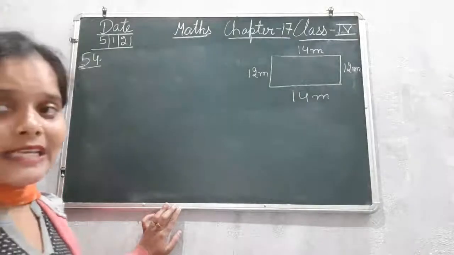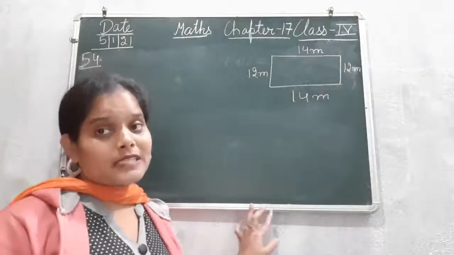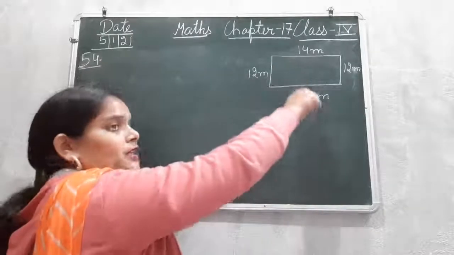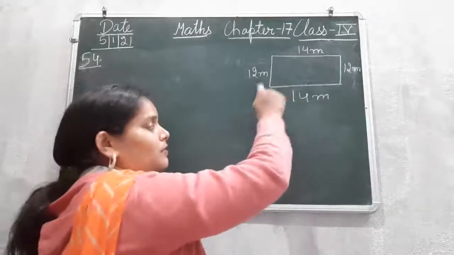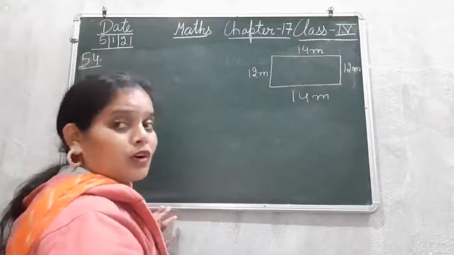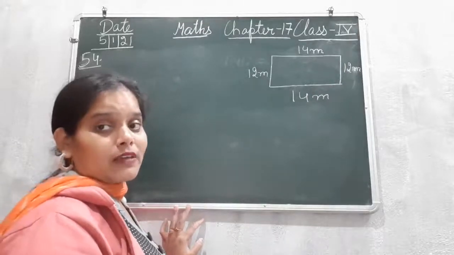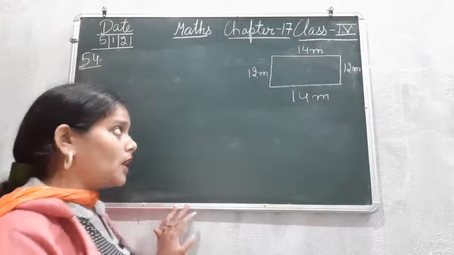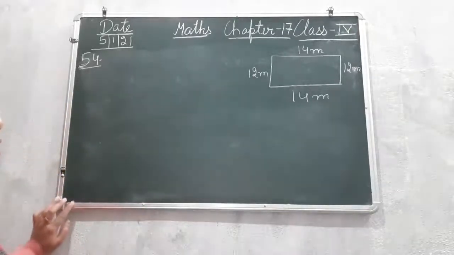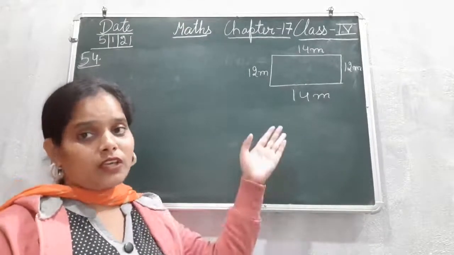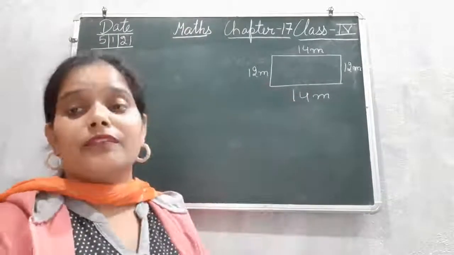Okay, तो देखिए अगर एक side 14 है तो opposite, opposite sides of a rectangle are equal. If one side is 14, the other will also be 14, and if this is 12, this will also be 12, because the opposite sides of a rectangle are always equal. Now the next is, okay, तो देखिए question में सिर्फ diagram was not given, हमने draw कर ली. Then we have written the measurements.